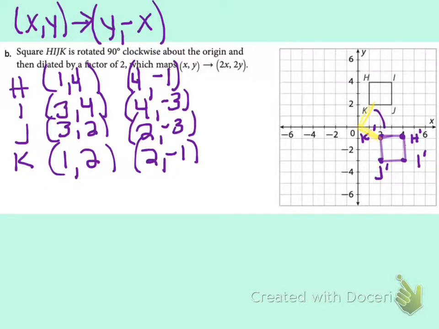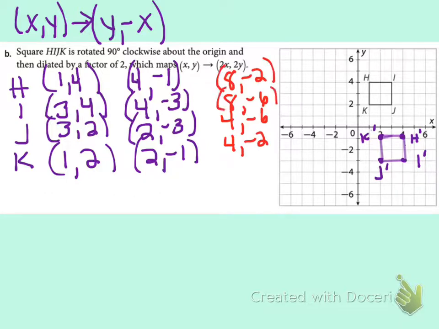Then they want us to dilate it by a factor of 2, which means they're going to double the x coordinates and double the y's. So all I have to do is just simply double each of these. So 8, -2, 8, -6, 4, -6, 4, -2, and this should just make this double the size.